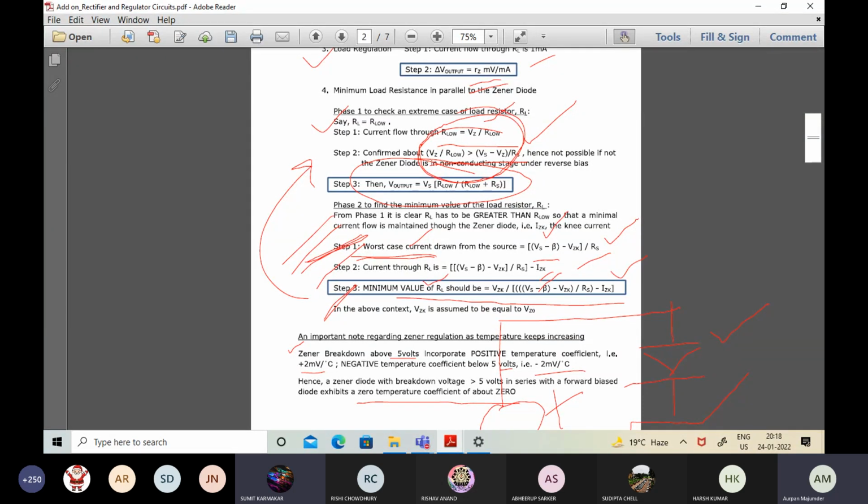So it means that the concept of Vz is not at all there. We are applying this concept of Vz in this equation, but Vz itself is not there. So this equation doesn't carry any meaning under step 1. In that case, we have to refer to the context of a normal voltage divider, and the Zener regulation is completely out of the picture. So that is the point, in short.